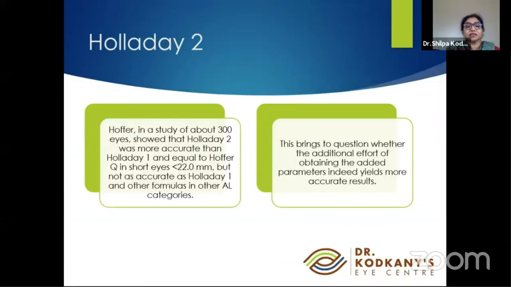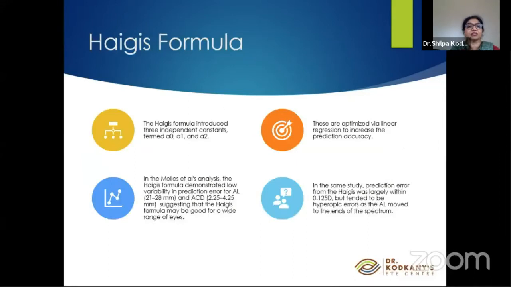And Hoffer, in a study of about 300 eyes, found that the Holladay 2 was more accurate than Holladay 1, equal to Hoffer Q in shorter eyes less than 22, but in other axial length categories, it was not so accurate. So this brings into question whether the additional effort of obtaining the added parameters, going to more and more variables, was really yielding more accurate results or not.